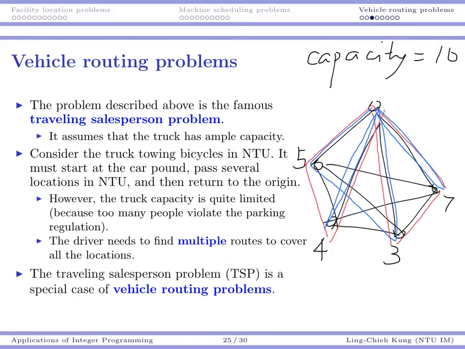And the traveling salesperson problem can be said to be a special case of vehicle routing problems. Okay, when your truck has capacities, then that's the more general vehicle routing problems. Today we will only talk about the uncapacitated traveling salesperson problem. Okay, we will show you how to use integer programming to formulate it.